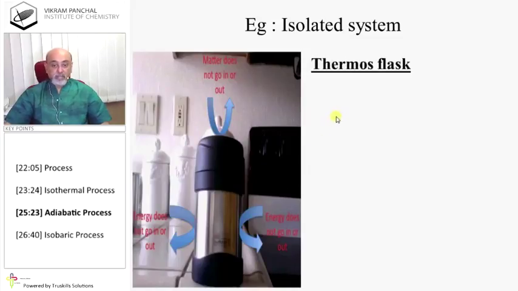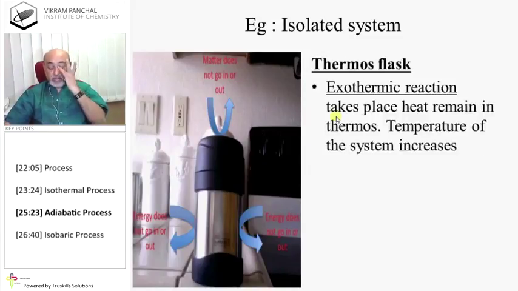But if in a thermos flask an exothermic reaction takes place, then heat will remain inside the thermos, it cannot come out. So that heat will increase the temperature. So the temperature of the system increases during an exothermic reaction in an adiabatic process.